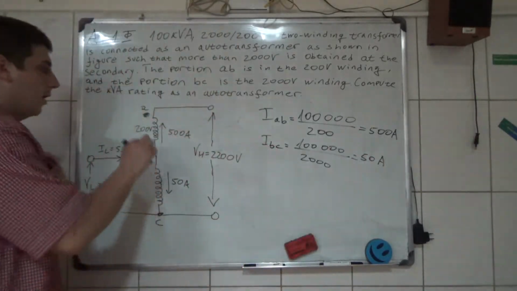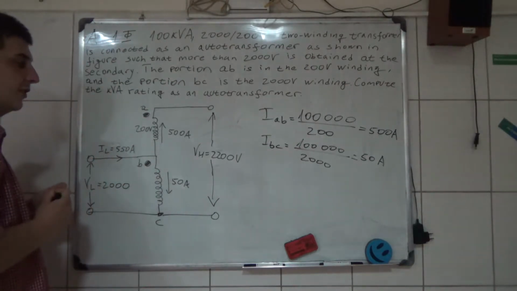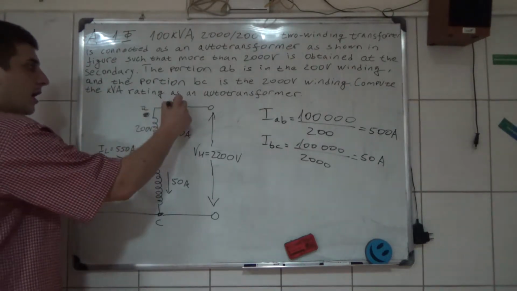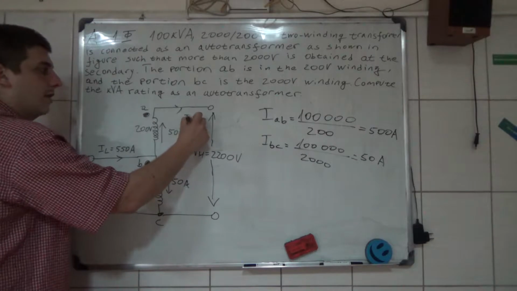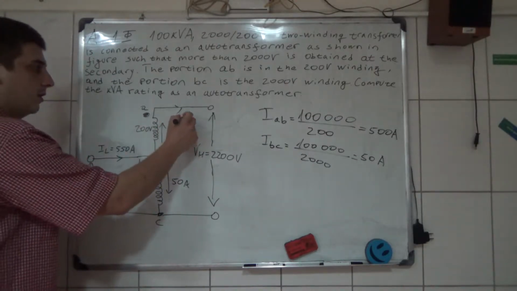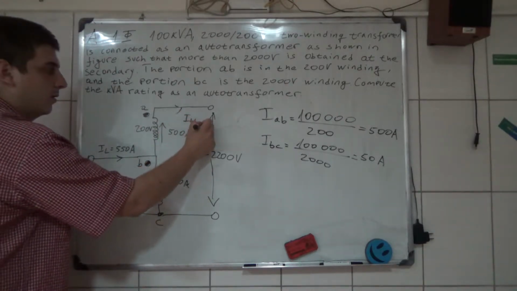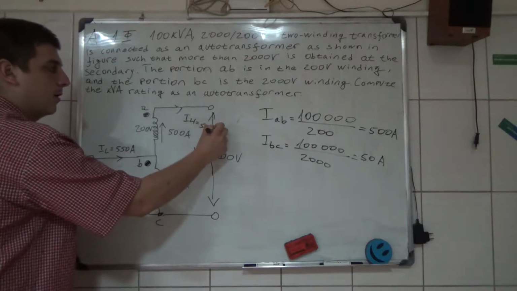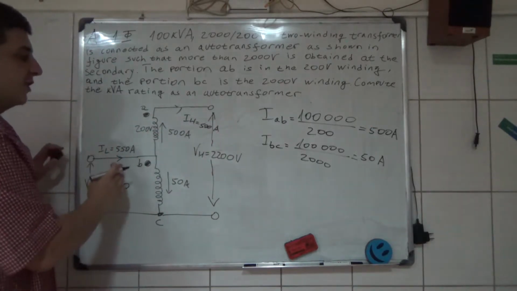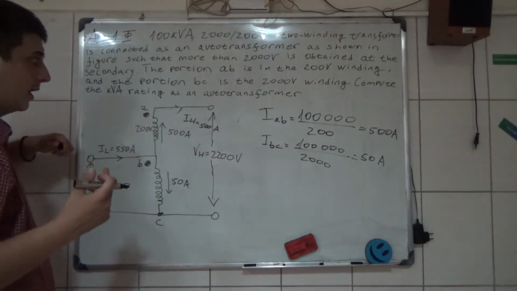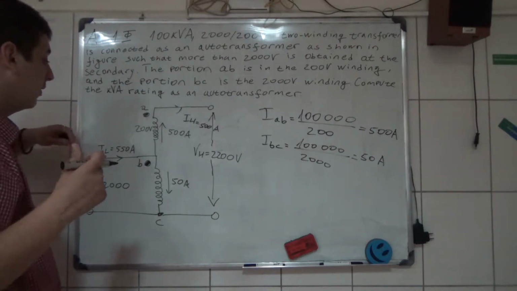So these are the rated voltages over here. This is the IH current, 500 amperes. And on the low voltage side, we have Kirchhoff's first law.